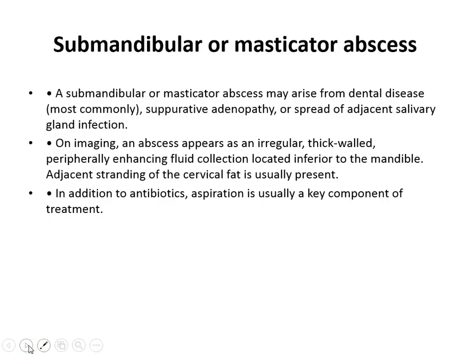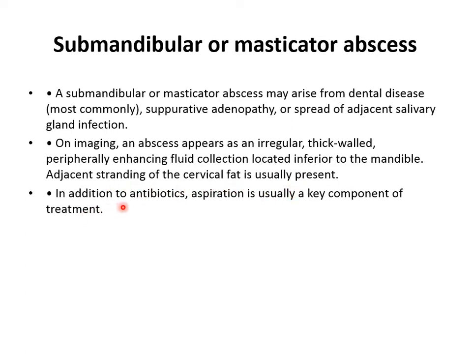Submandibular or masticator abscess. Submandibular or masticator abscess may arise from dental disease, most commonly suppurative adenopathy, or spread of adjacent salivary gland infection. On imaging, an abscess appears as a regular thick-walled peripheral enhancing fluid collection located inferior to the mandible. Adjacent stranding of the cervical fat is usually present.